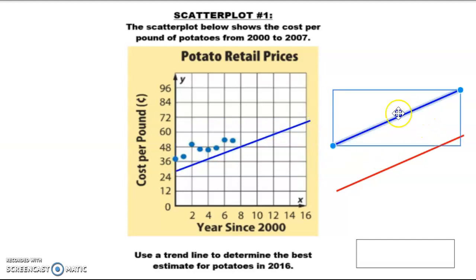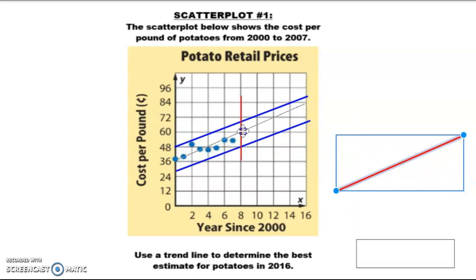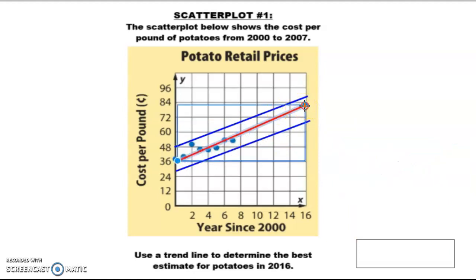Okay, so we take our blue lines, we put them on the outside of our data points, we adjust the line, okay? And then our trend line is going to go in the middle. So our trend line goes in the middle of these two lines.